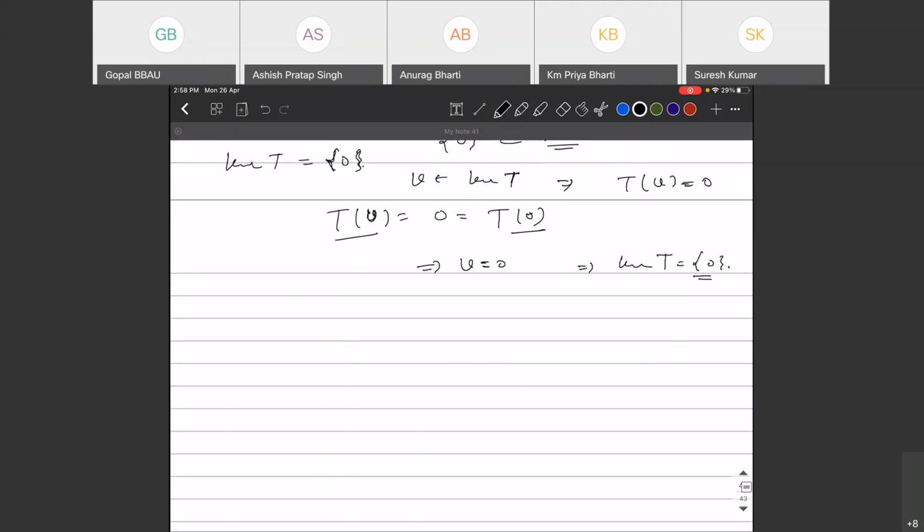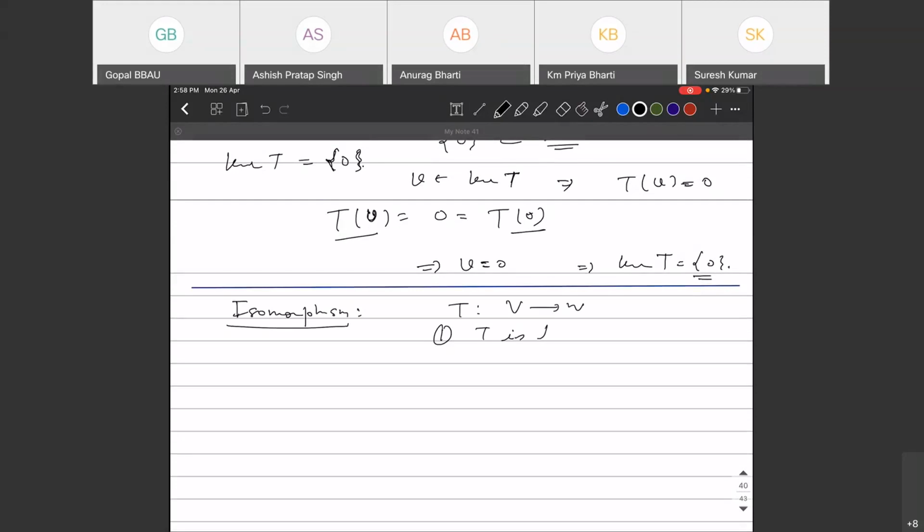In the next lecture, tomorrow's lecture, we will discuss isomorphism. T from V to W is an isomorphism if, number one, T is linear, and second, T is bijective.